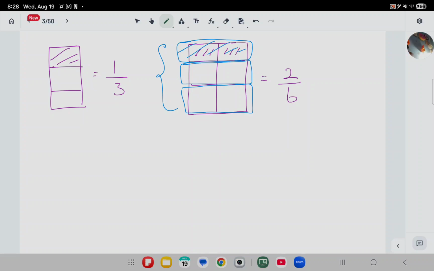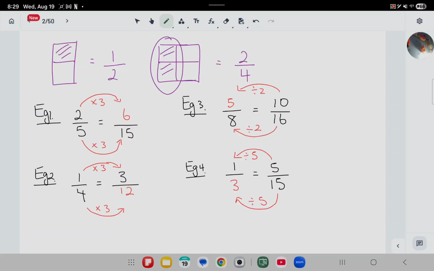So it is 1/3. Alright, so therefore we know that 1/3 is the same as 2/6. Alright, and that is equivalent fractions. This is the method we use to solve the equivalent fractions. Alright, to move from the smaller to the larger number, multiply. From the larger number to the smaller number, we divide.